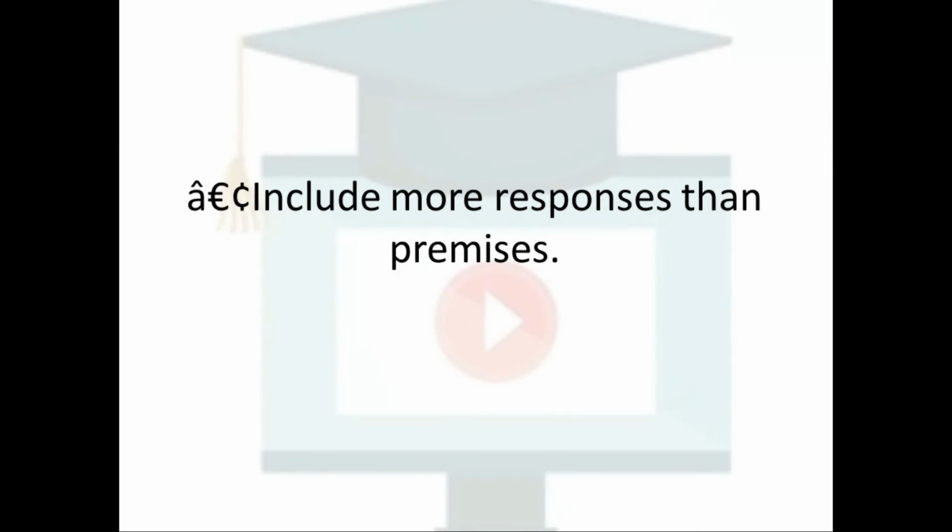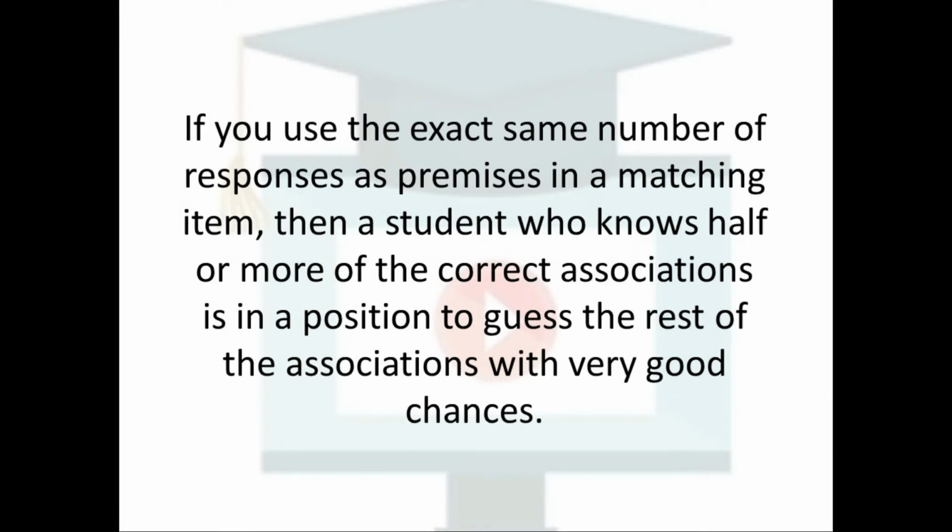Include more responses than premises. If you use the exact same number of responses as premises in a matching item, then a student who knows half or more of the correct associations is in a position to guess the rest of the associations with very good chances.